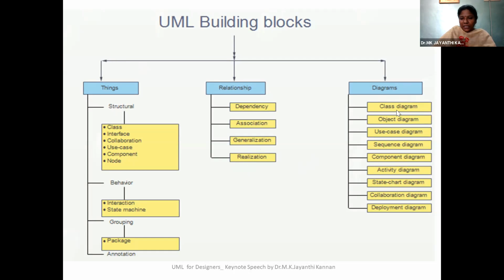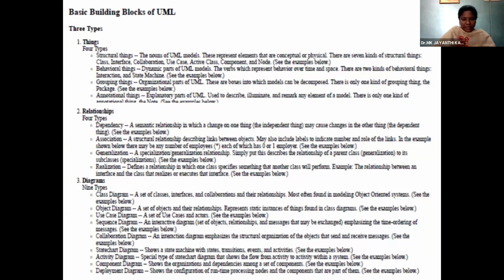The 9 diagrams which we can create are class, object, use case, sequence, component, activity, state chart, collaboration, and deployment. So these are the main components in any UML. This is taken from the textbook.